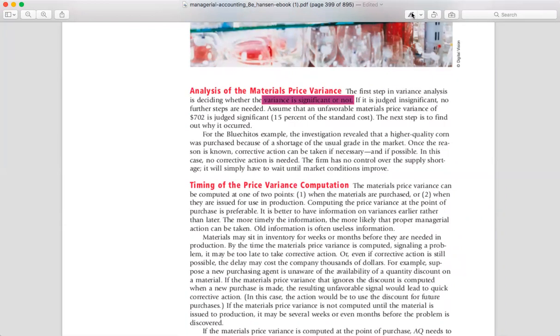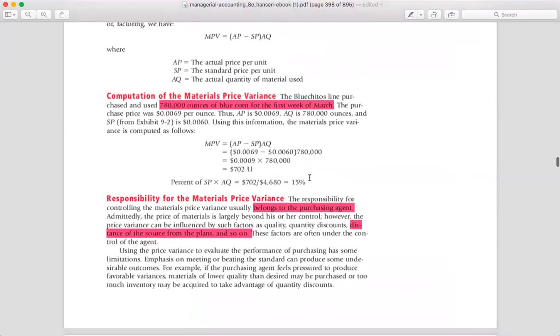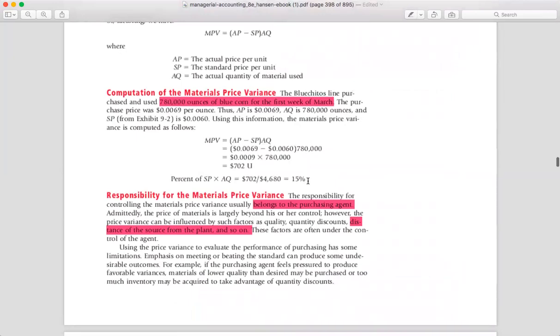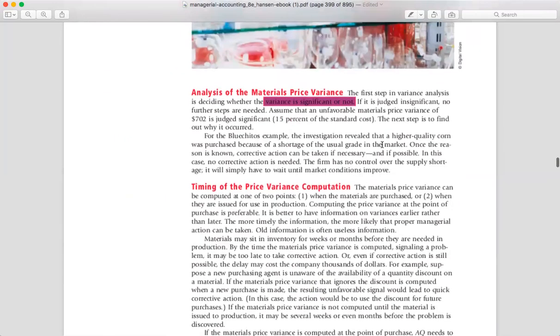Assume that an unfavorable material price variance above around 15% is significant. Here it is 50% of standard costs, so probably you judge it significant.